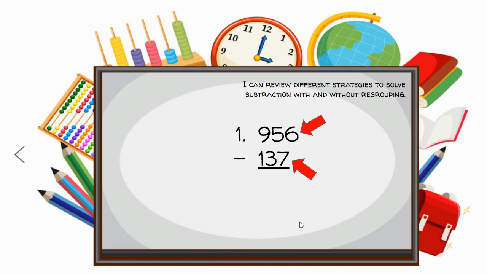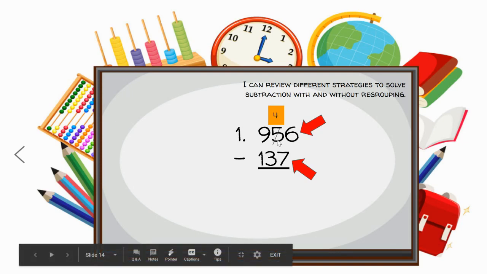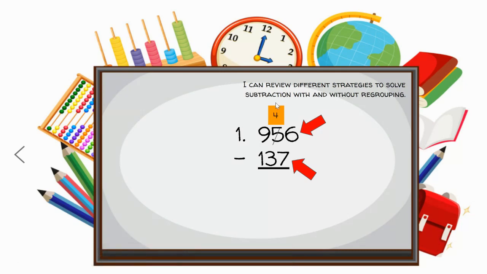Which one is bigger, 6 or 7? Yes, 7. So can I take away 7 out of 6? Not really. So what do I need to do? I go to my neighbor, and my neighbor is going to give me 1, so it's going to give me ones from the tens place.